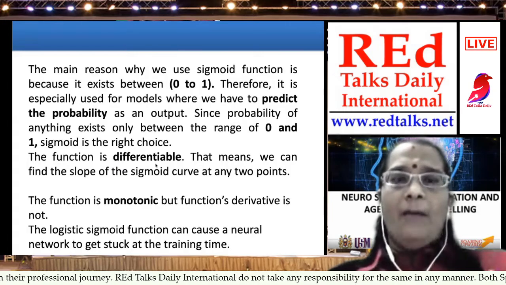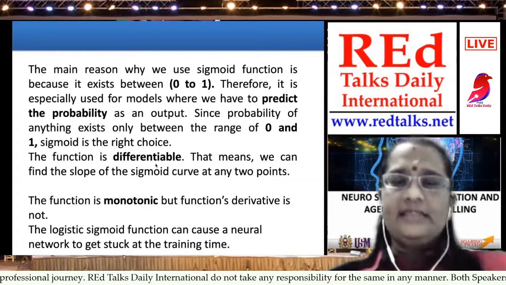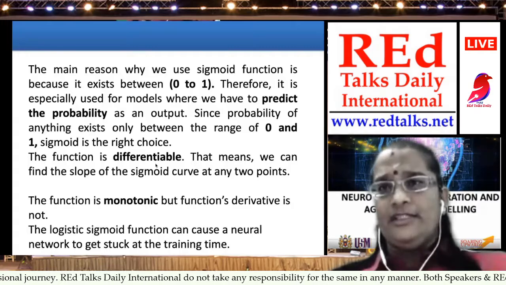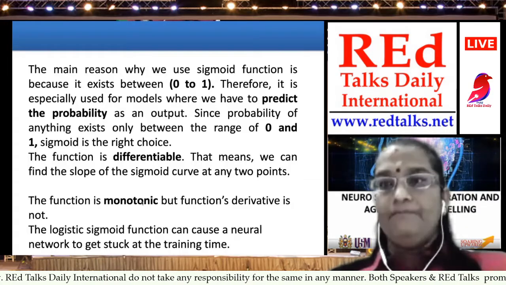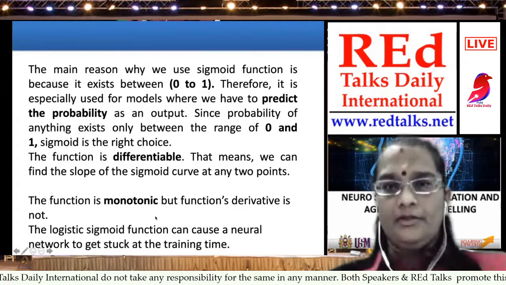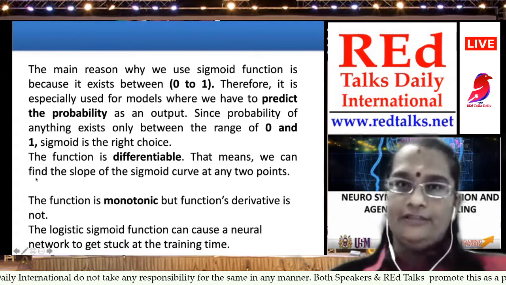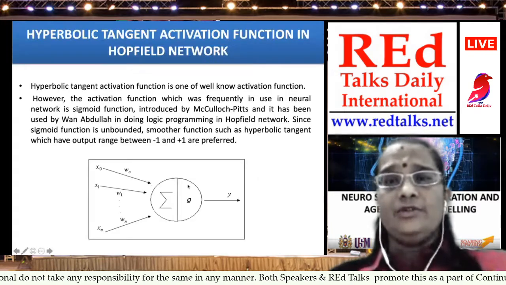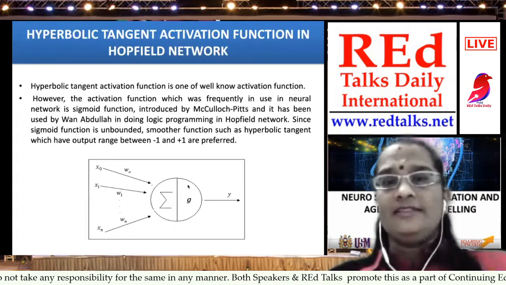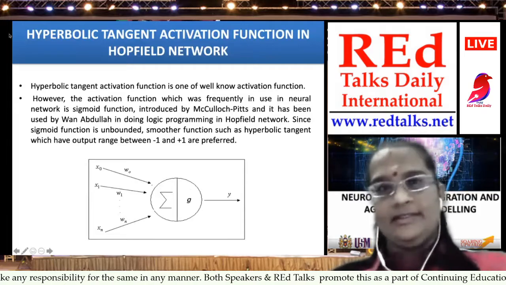The problem with this is that the logistic sigmoid function can cause the neural network to get stuck at training time. But the good thing about this function is that it is differentiable, so it can be used to find the slope of the sigmoid curve at any two points.